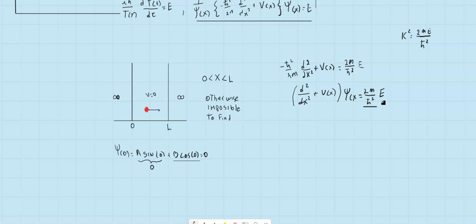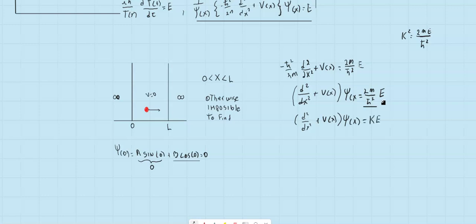So the way that I'm going to write this down now is like this: the derivative squared with respect to dx squared plus V of x, and psi of x, is equal to k squared times psi.